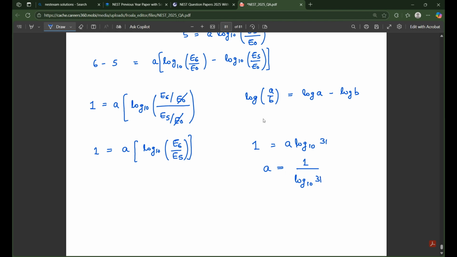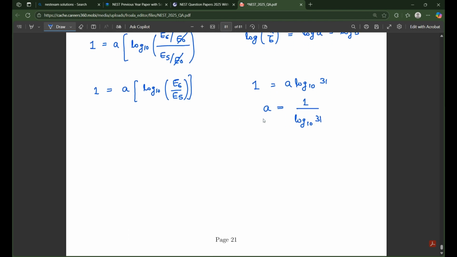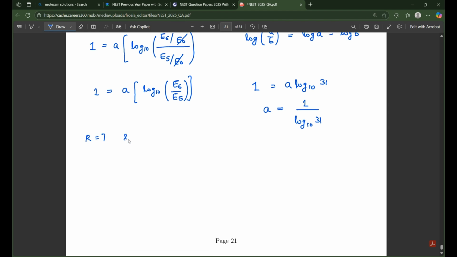Now let's move to the second part. Similarly, if we solve, we have been provided R equal to 7 and R equal to 5, and the ratio of their energies is equal to beta.